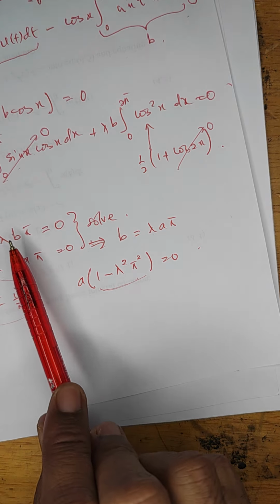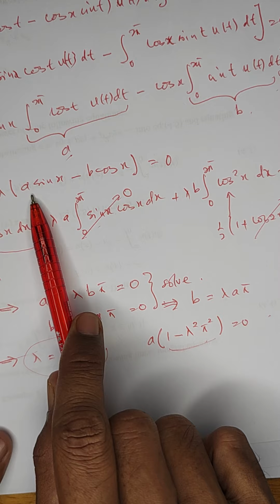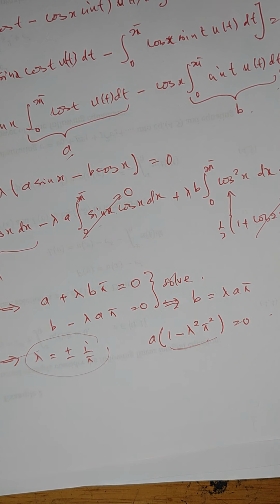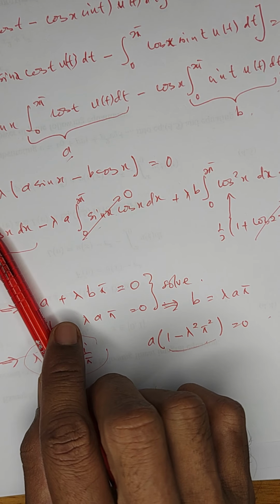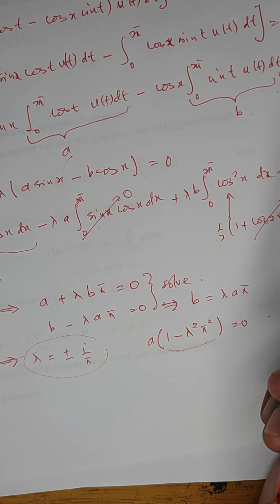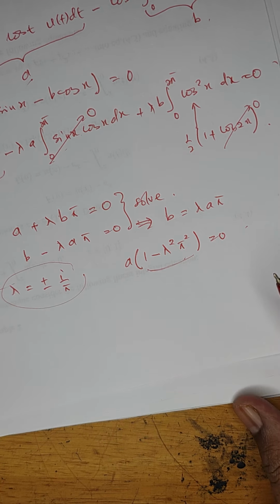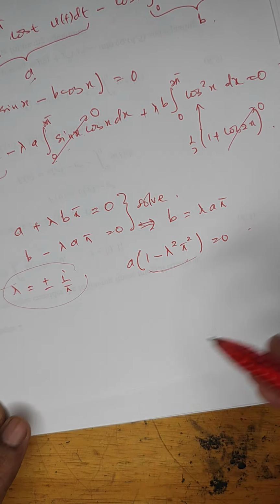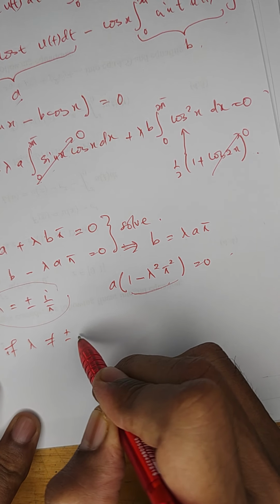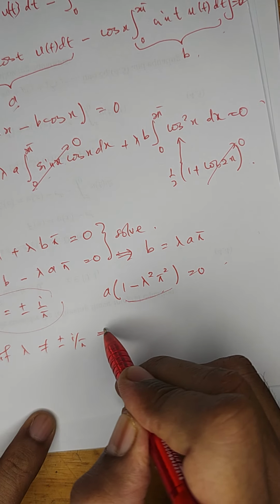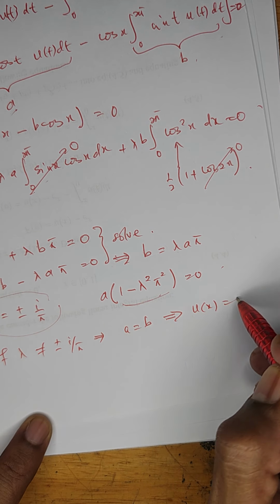If A and B equal to 0, we have the trivial solution, and then we don't have the eigenvalue. So if lambda is different than i over pi, then that gives you a trivial solution.